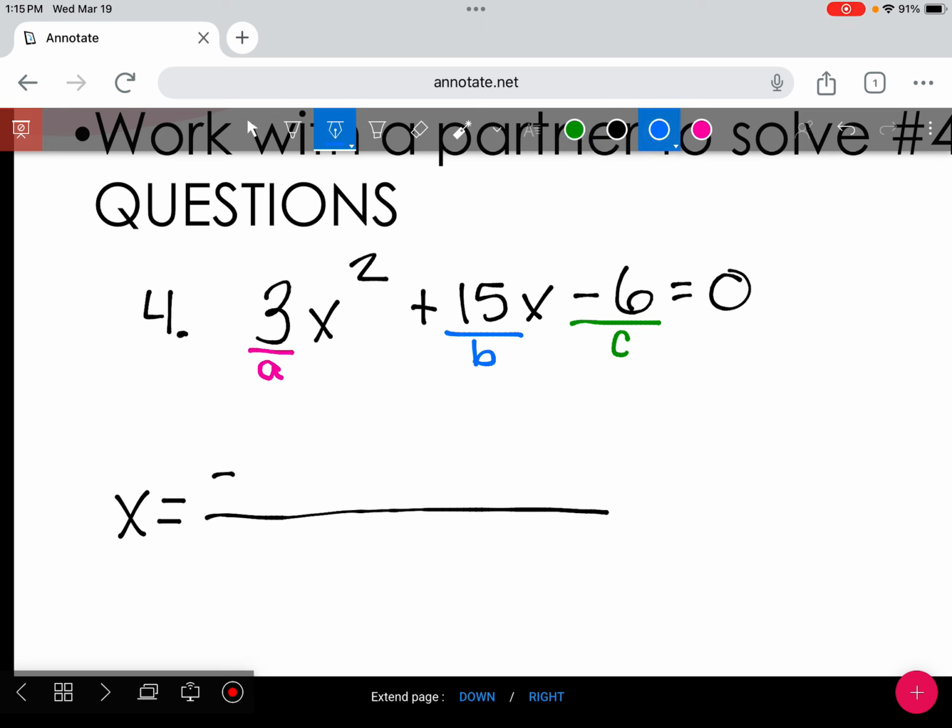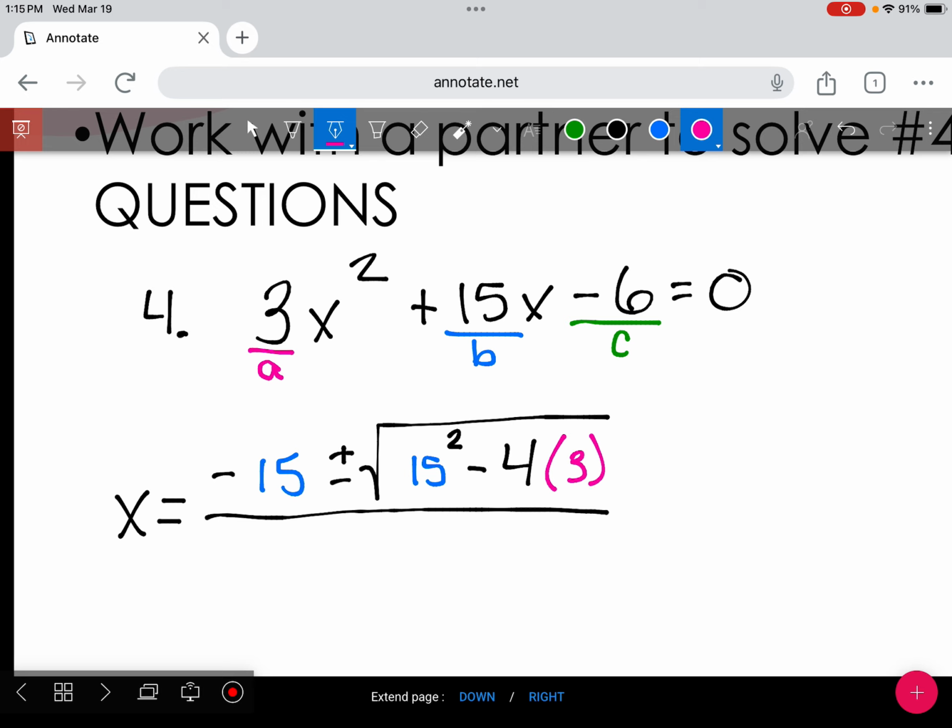So we're going to have our opposite of the b, which is 15, plus or minus our square root of 15 squared minus 4 times our a, which is the 3, times the c, which is the minus 6, over 2 times a, 3.